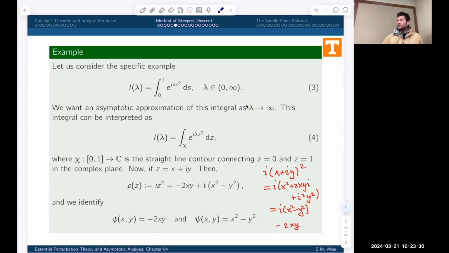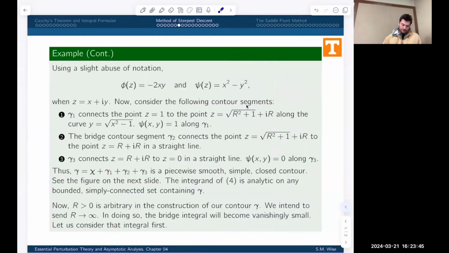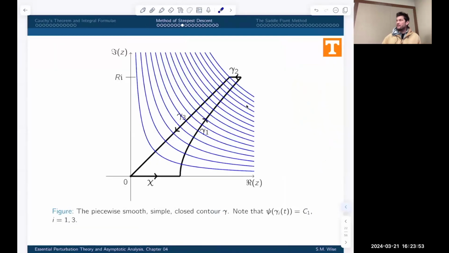Now, in order to choose the contours that I want to deform chi into, or the contour segments, I need to pay attention to what these guys are. All right, so here are the contour segments that I'm going to pick, and then we're going to refer back to the diagram so that you can see that that's exactly what we're doing.